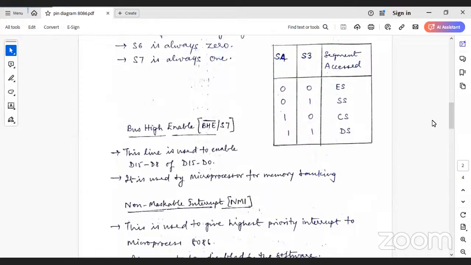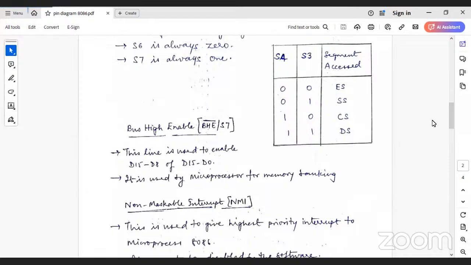One more work with this is memory banking. I told you that earlier while discussing the block diagram: with the 20 address lines, you have 1 MB of memory locations. That 1 MB is divided into two different banks. The odd addresses will be from the lower bank, and the even addresses will be from the higher bank.